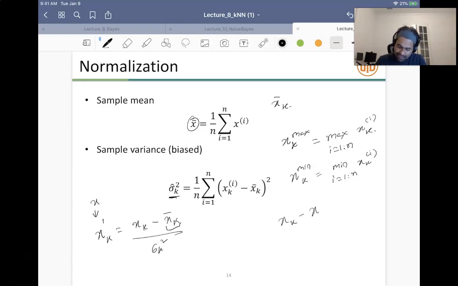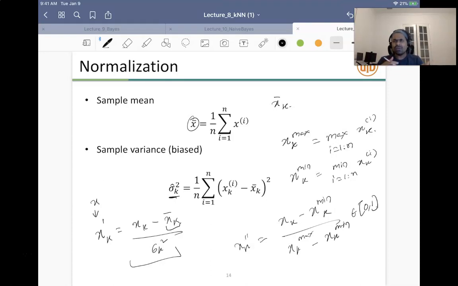This is x k double prime, the second normalization, whereas x k prime was the first. Here I take x k minus x k min, divided by x k max minus x k min. We see that this now makes every feature belong to 0 to 1. Either of these normalizations is fine. The whole point is that we want to bring everything to the same scale.